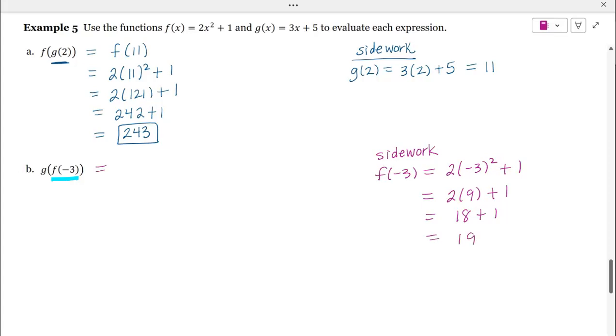So for this, I'm plugging 19 into g. So this will be 3 times 19 plus 5. 57 plus 5 is 62.